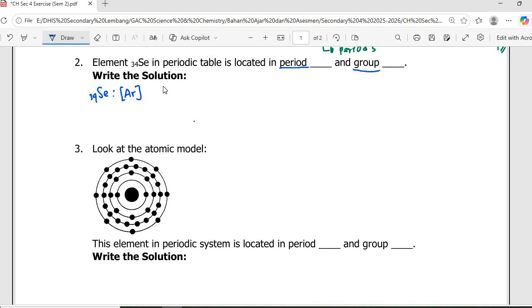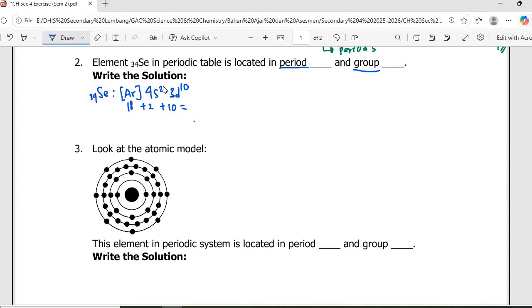So it starts from argon and then continues with 4s2. There are 18 electrons in Ar, and after Ar continuing with 4s2, it's already 20 electrons, and then continue with 3d10.